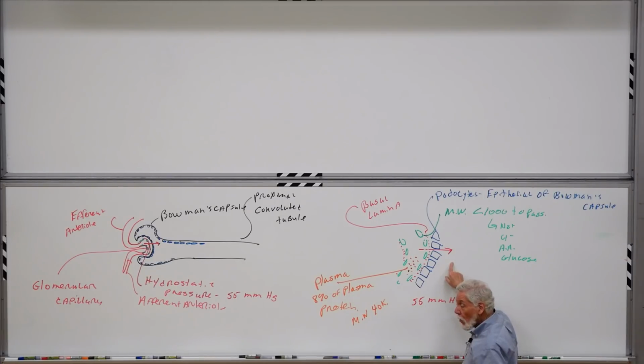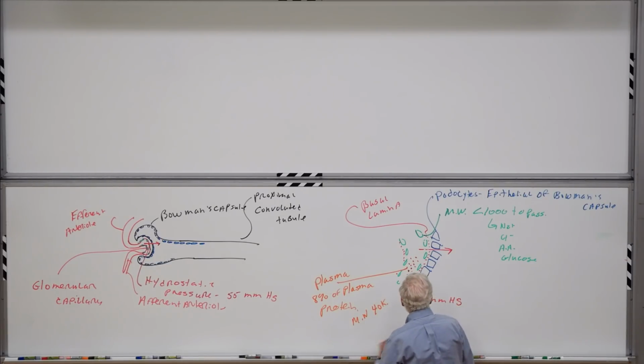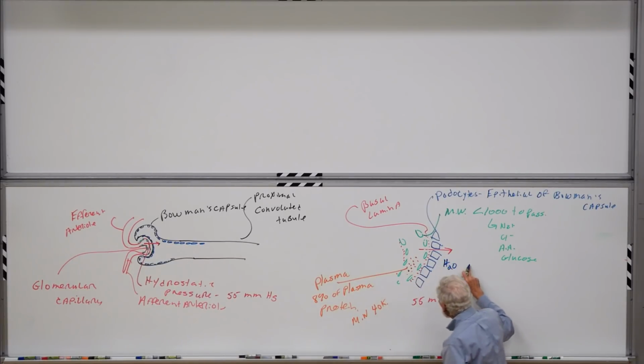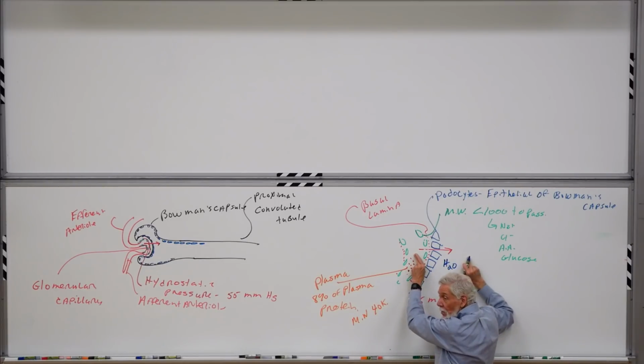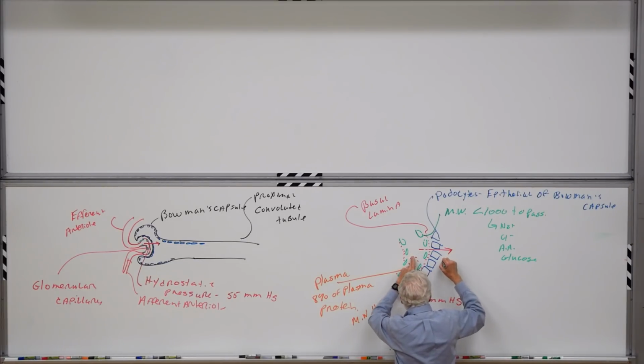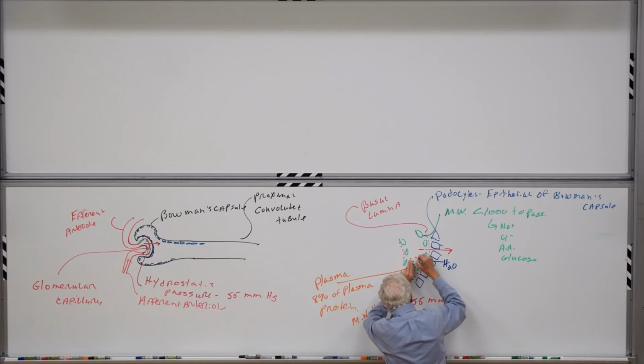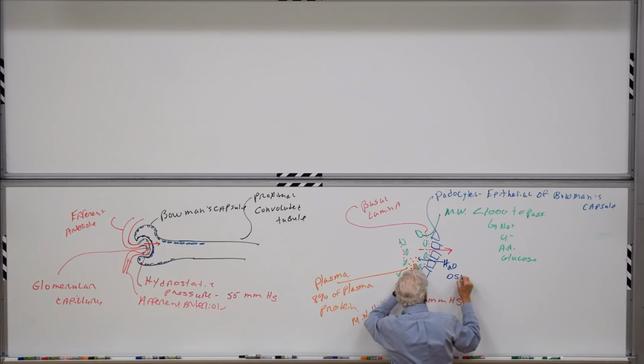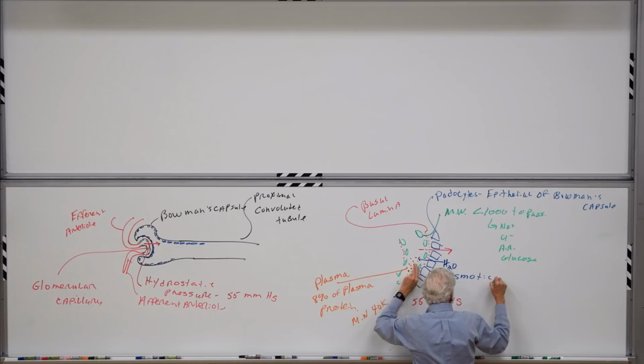If we're squeezing the water out, that means we have water on this side. But because we squeeze the water out, we have more water on this side than this side. That now provides for another pressure. This is said to be an osmotic pressure.